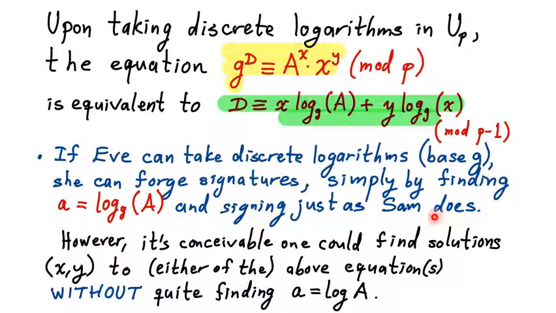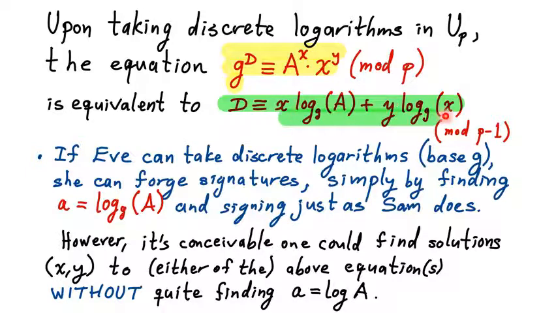And then you could proceed to sign exactly the same way Samantha does. Roughly speaking, you find a random value for the log of x, so that's our k. Then x is g to the k, and you find whatever y is necessary to make this hold. That's already the reason why this congruence always has a solution.